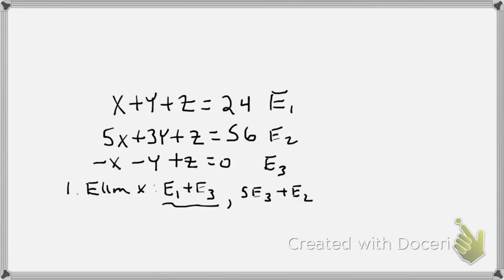Let's see if we can carry out this first step underneath. If I do x plus y plus z equal to 24, and right underneath it negative x minus y plus z equals 0, and solve that, we're going to get the x's to cancel, and for free, without even intending it, we get the y's to drop, and z plus z is 2 times z, and I get that to equal 24.